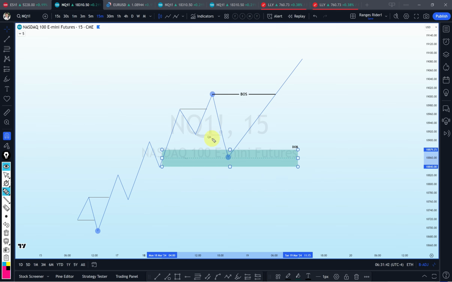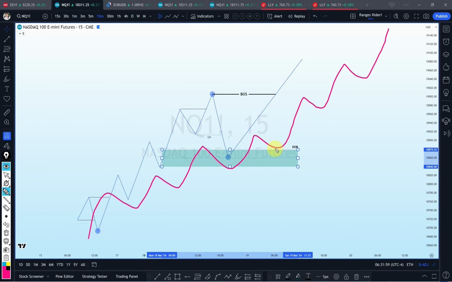How many times do you see that the market just comes a little bit below the QM and then makes another breakout structure, and people who are waiting for the 50% discounted area are just waiting and waiting and waiting, and sometimes the market is really high, and these shallow pullbacks never come back to the 50%. And why should they come? I don't understand the logic of why they should come this deep to the 50% and then go.